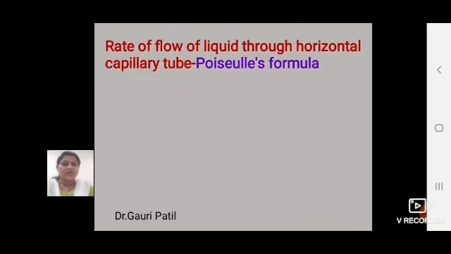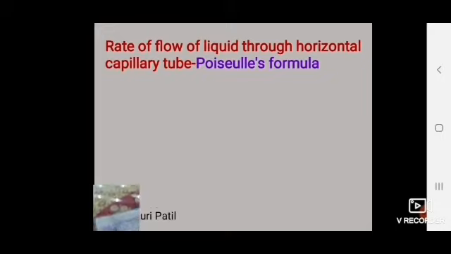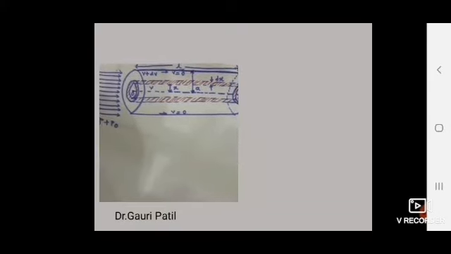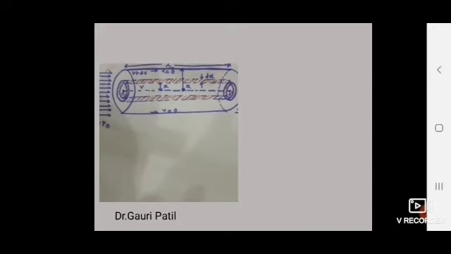Now we will derive the Poiseuille formula, that is, the rate of flow of liquid through a horizontal tube. This is the diagram which I have drawn already. First I will adjust it and then explain in detail.